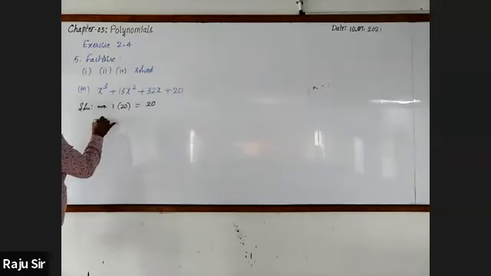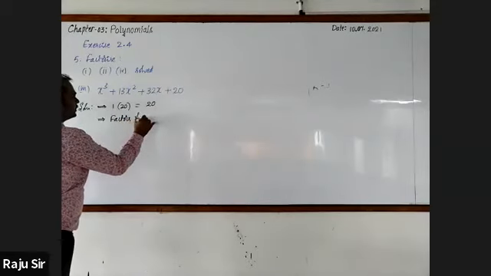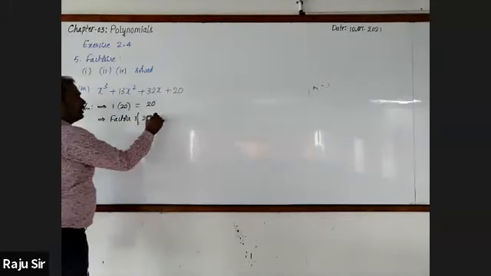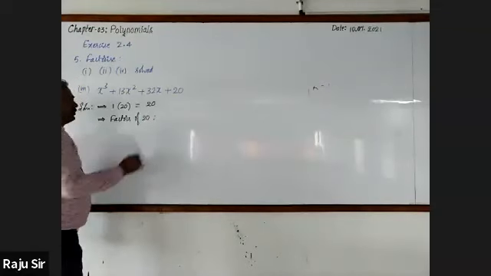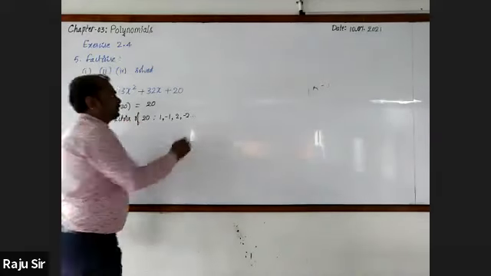Now let us write the factors of 20. What are the factors? Plus 1 minus 1, plus 2 minus 2, plus 4 minus 4, plus 5 minus 5, plus 10 minus 10, plus 20 minus 20.